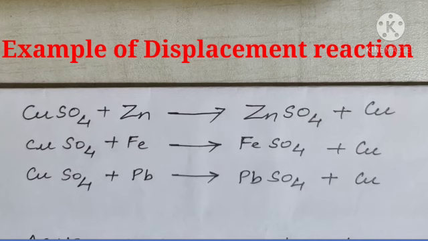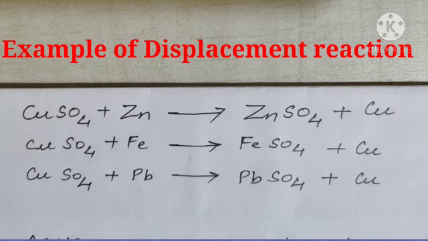Let us see the examples of displacement reaction. When copper sulfate reacts with zinc, then zinc displaces the copper from its compound and forms zinc sulfate. Now see the second example. When copper sulfate reacts with iron, then iron displaces the copper from its compound and forms iron sulfate.